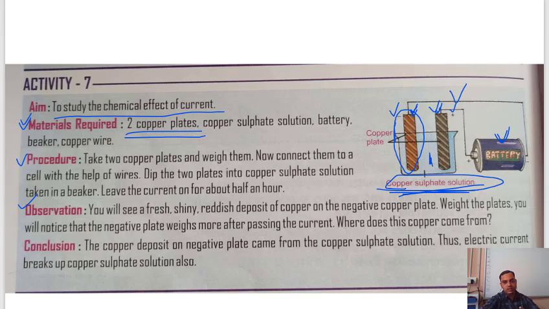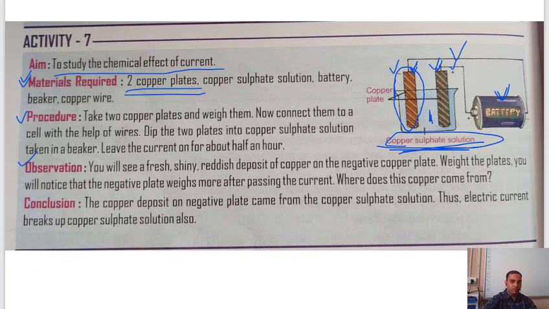Electrolysis means the chemical reaction that is happening, the whole process. Electrolyte means the solution that we are taking. So don't get confused between these two terms. Although they look similar, they have different meanings.